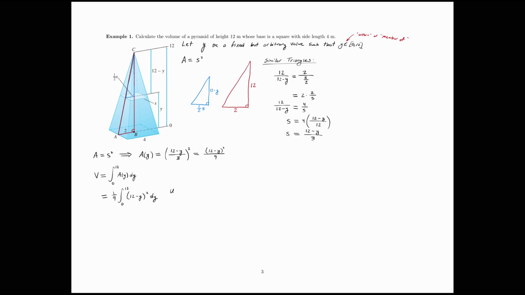So one way is to do the u sub, u equals 12 minus y, to get du equals negative dy. So negative du is dy. The bottom bound of 0 becomes 12, and the top bound of 12 becomes 0. We're just plugging in these values, 0 and 12, into this expression for y to figure out what the corresponding u values are.